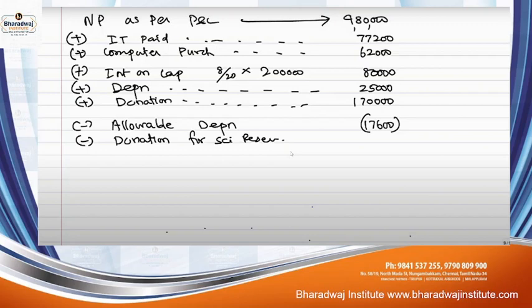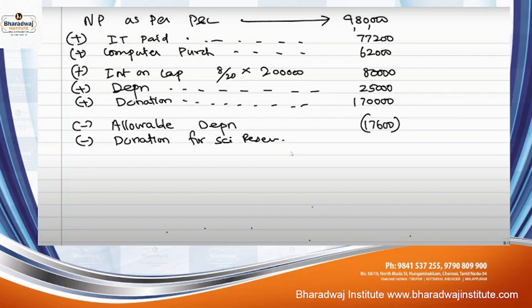Why? In the PGBB chapter it is expressly disallowed. Computer purchased included in trade expense. It's a capital expenditure, it is disallowed. Interest on capital more than 12%, 8%. So 8 by 20 into 2 lakhs disallowed. Depreciation as per P&L account disallowed. Donations disallowed. Donations, first let us add back full donation.